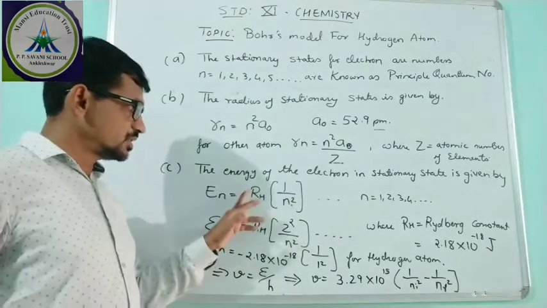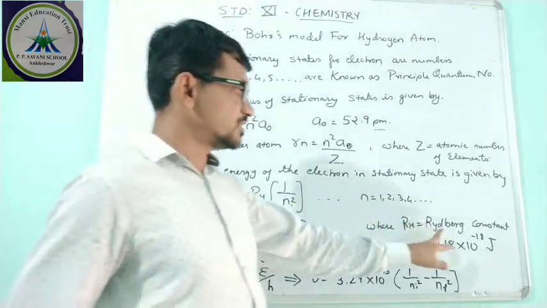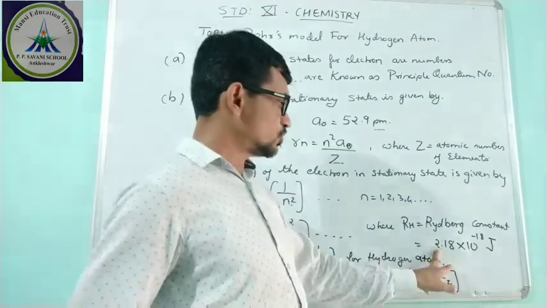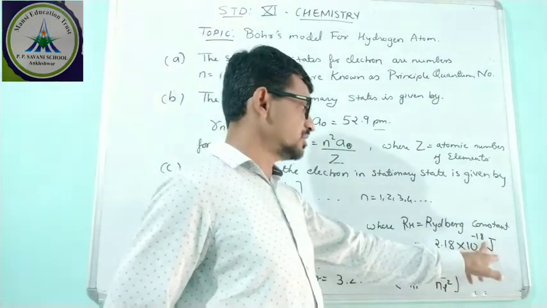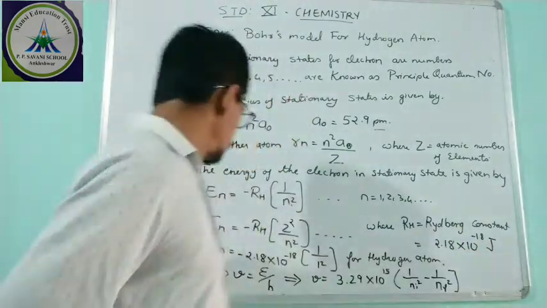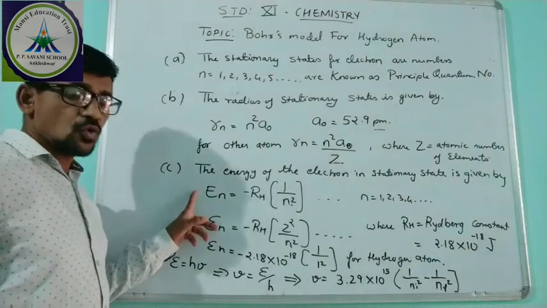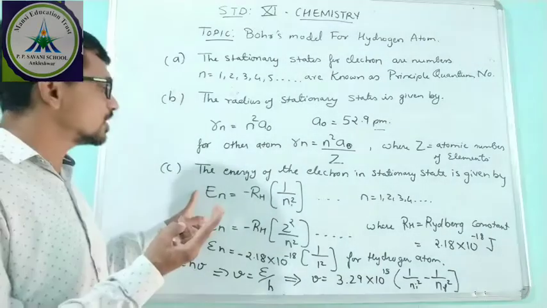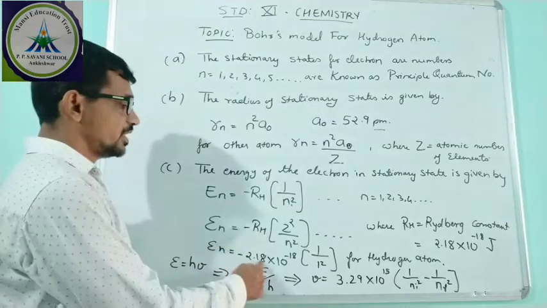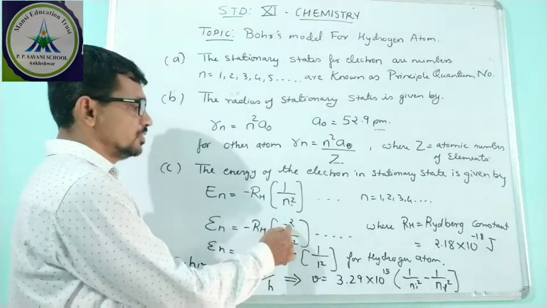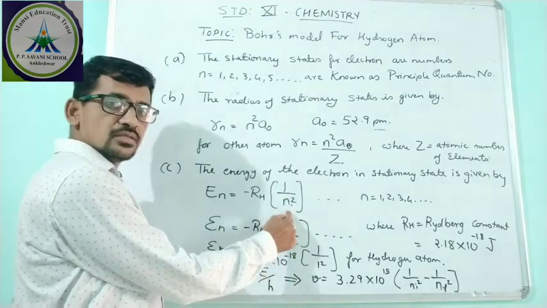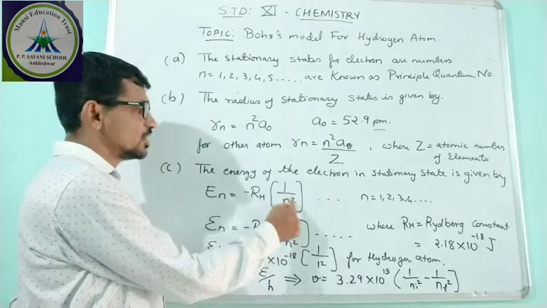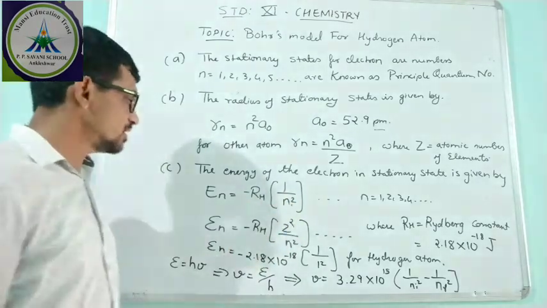This RH is the Rydberg constant. Its value is 2.18 into 10 raised to minus 18 joule. So if you want to find the energy for the second principal quantum number, put this value 2.18 into 10 raised to minus 18 upon 2 square. So it is 1 by 4, and the energy value decreases.